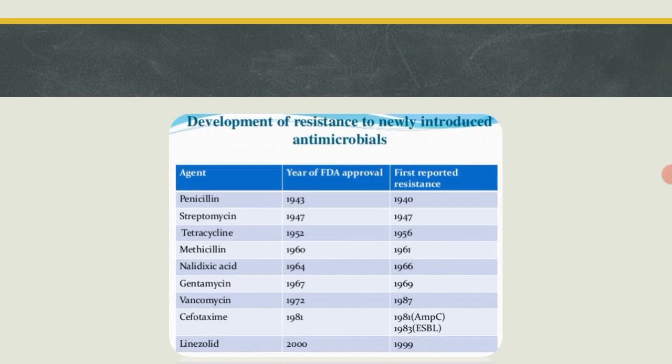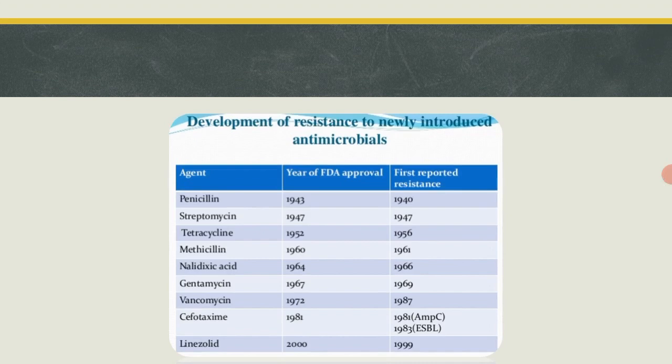If we say penicillin, penicillin was approved in 1943, and the first reported resistance was observed in 1940 only. Then streptomycin was approved by the FDA in 1947. Resistance was also in the same year.